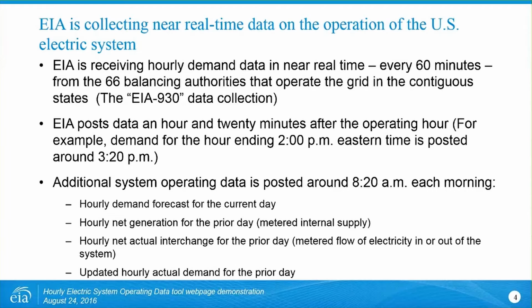We take that data and turn it around in an hour and 20 minutes after the operating hour. So, for example, once we're past 3:20, we should be able to see data for 2 p.m. Eastern time on the tool. So, cross our fingers, we'll see if I'm correct on that.